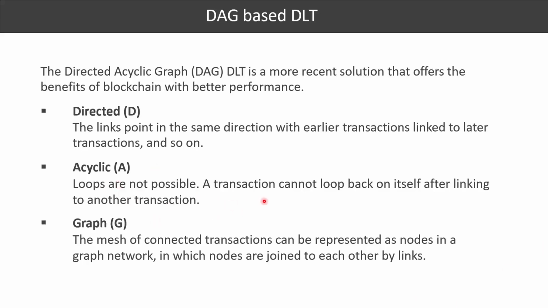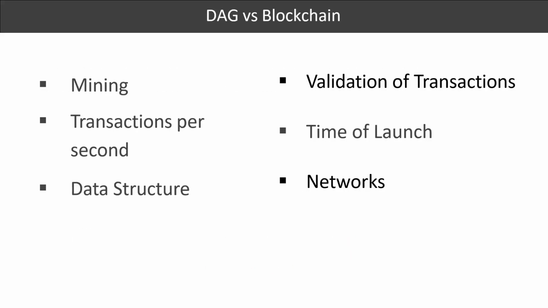Acyclic, so loops are not possible with the DAG architecture, so a transaction cannot loop back onto itself after linking to another transaction. And the graph, the G, is a mesh of connected transactions that can be represented as nodes in a graph network, almost like a virtual node. And here the nodes are joined to each other by links.